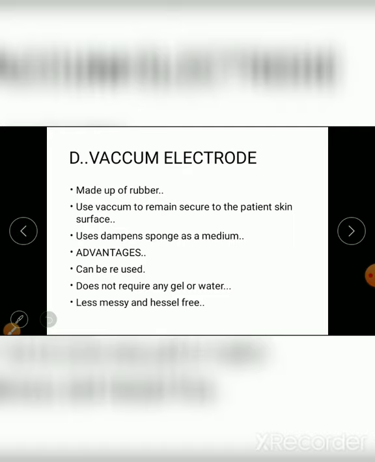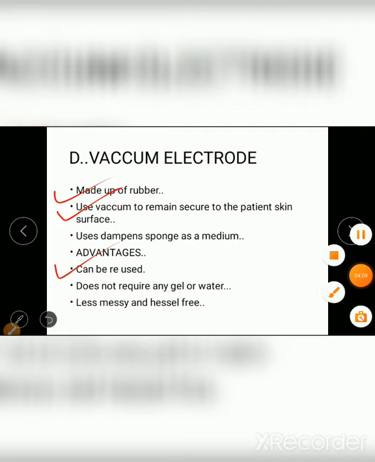The fourth type is the vacuum electrode, made up of rubber. It uses vacuum to remain secure to the patient's skin surface and uses a dampened sponge as a medium. So we don't apply gel or water, we apply a sponge as a medium. Advantages: it can be reused and doesn't require gel.